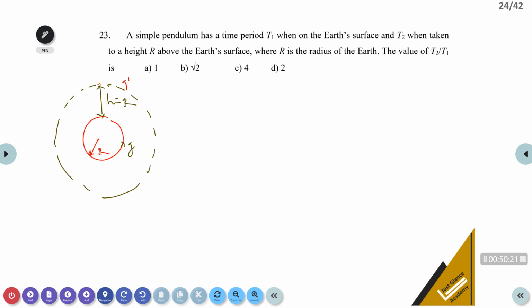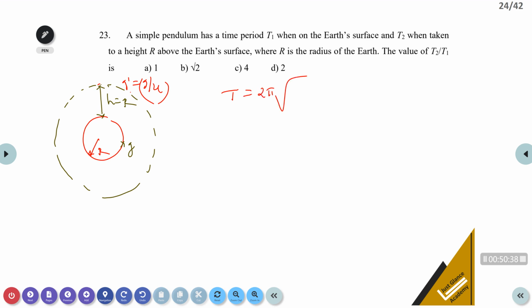At this height, g dash becomes g by 4. Remember, don't waste your time. At a height h equal to r, always g dash will become 1/4 of it. Alright, he is asking about a simple pendulum.